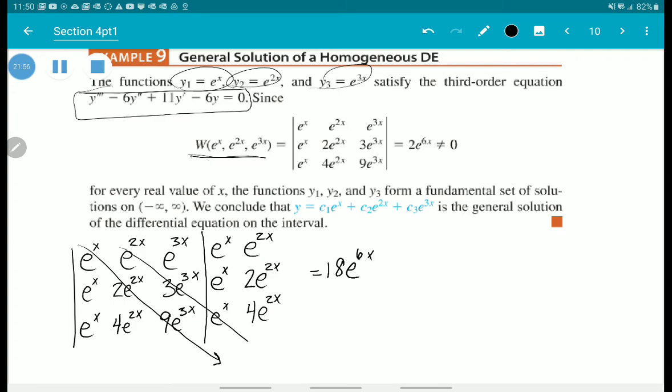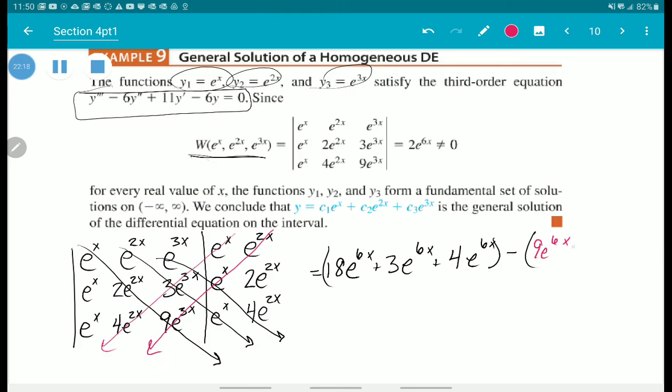Multiply here, plus 3e to the 6x, and then multiply here, plus 4e to the 6x, and then we're going to subtract, and then we're going to go the other way. So this is going to be a 9e to the 6x, 12e to the 6x, and 2e to the 6x.